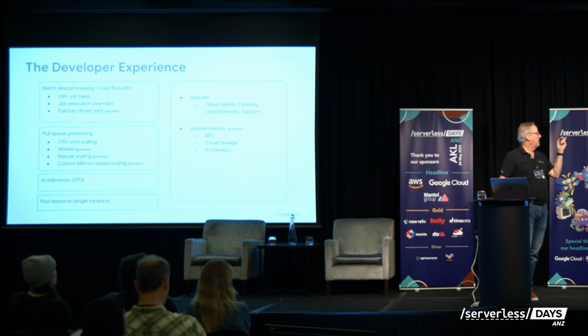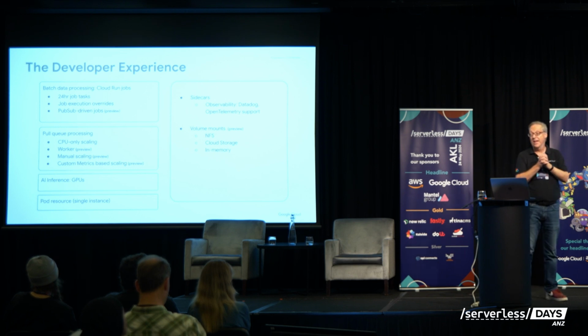We've also got a lot more work going on with jobs, so jobs can now run for 24 hours if you wish, and you can set a whole bunch of the CPU metrics as well. I'll come to it in a slide, but you can decide how you want Cloud Run to behave when there's no traffic.